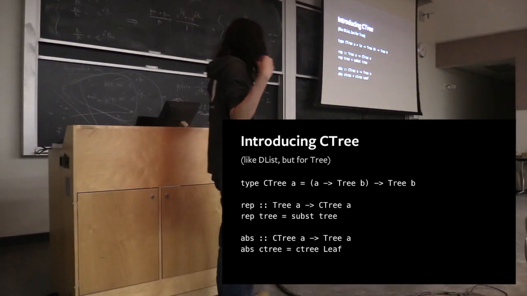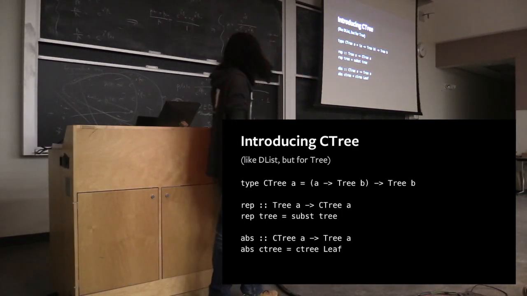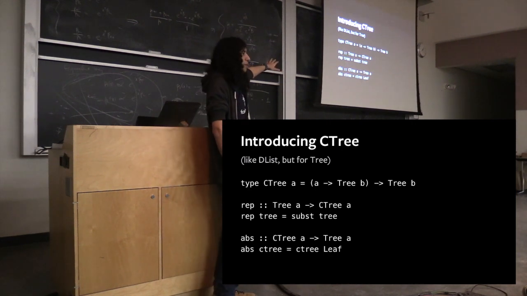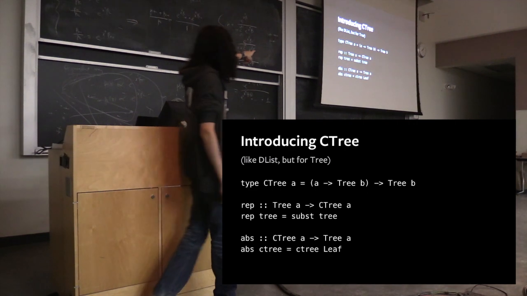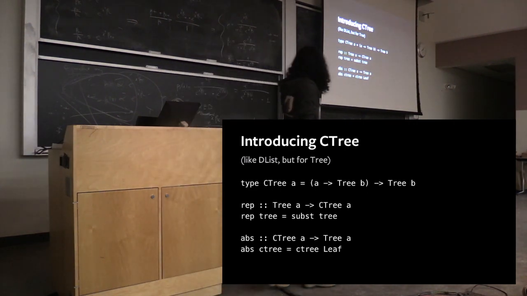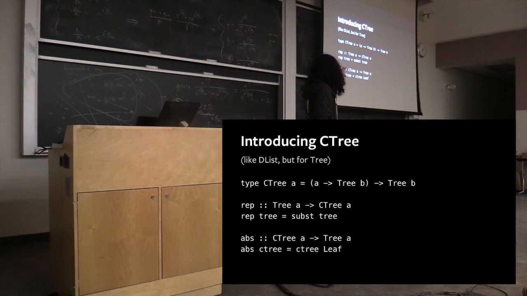Our concrete tree type with our actual nodes and everything is this tree A, right? And so I have this other type, C tree, and here's the definition for that type. A C tree containing elements of type A is not actually a tree at all. It's a function.